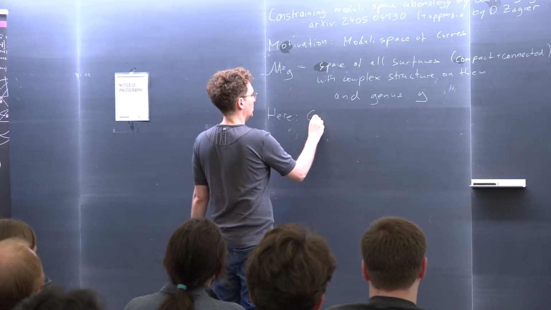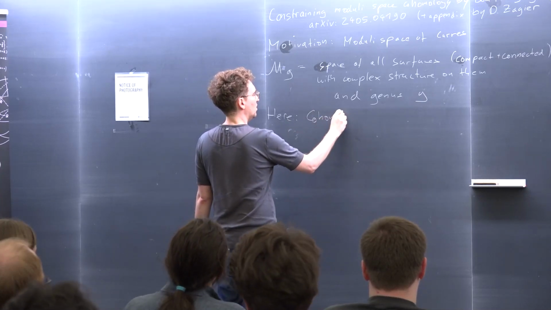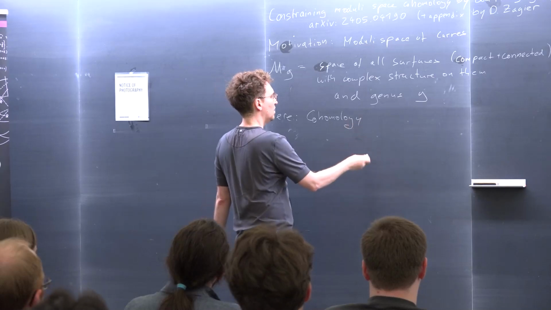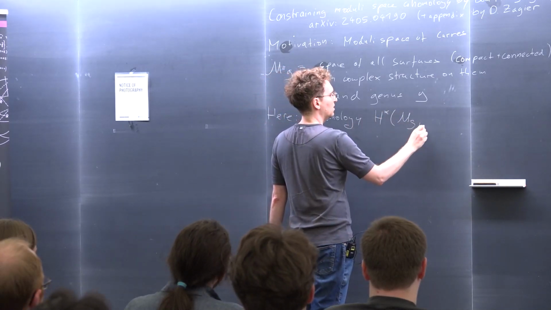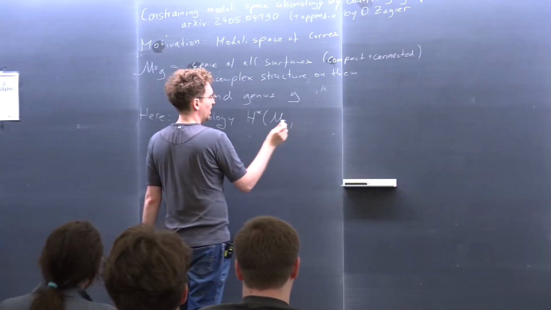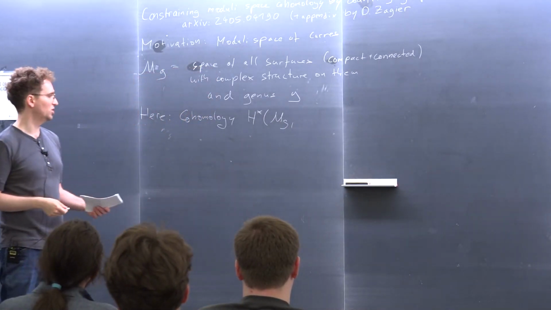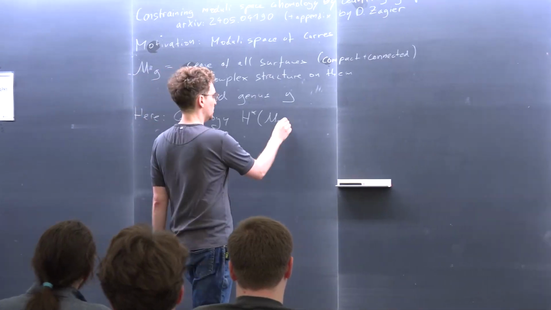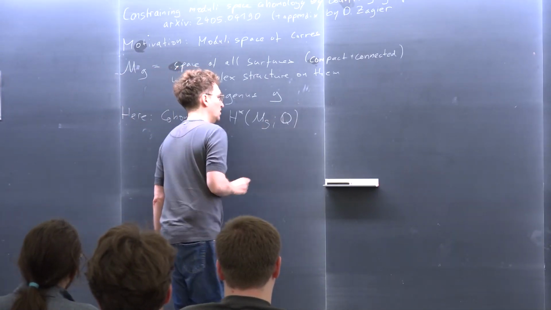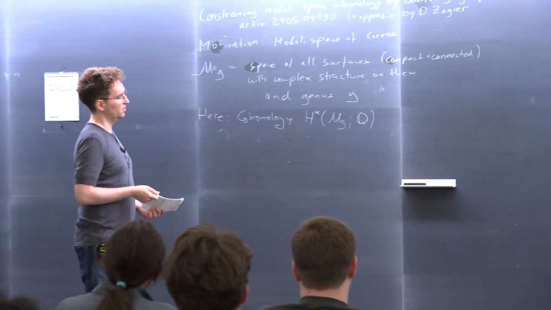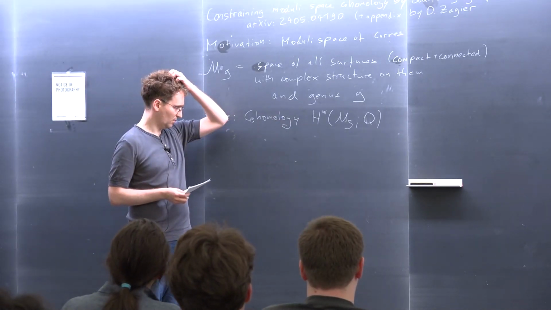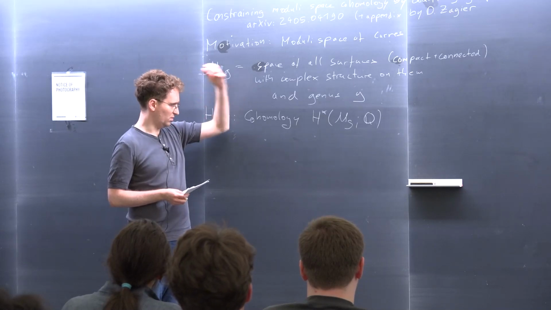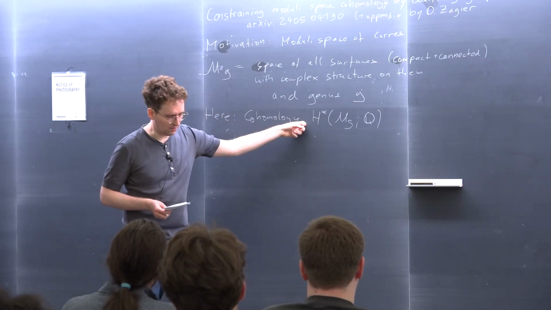And I'm mainly going to talk about cohomology with rational coefficients. Yeah. So this is all rational coefficients. So if you don't know what cohomology means, or if you want a reminder, it's roughly this.